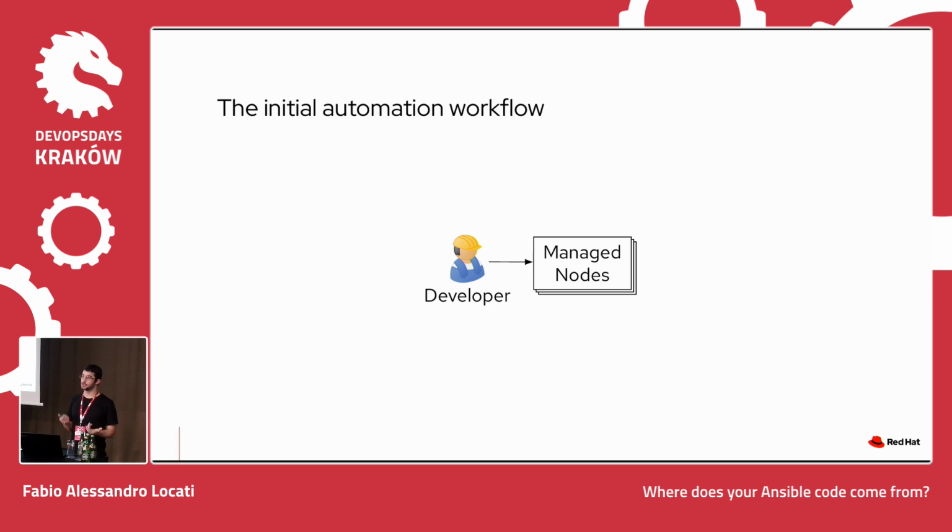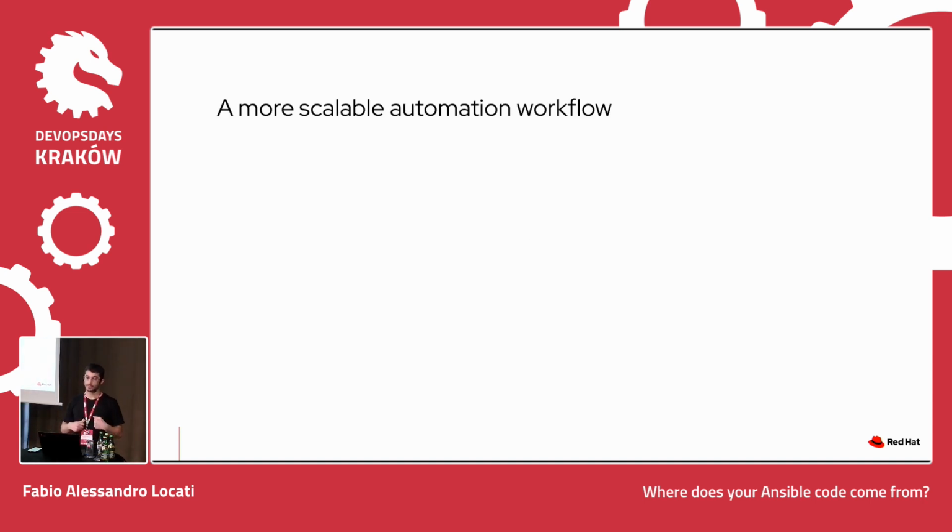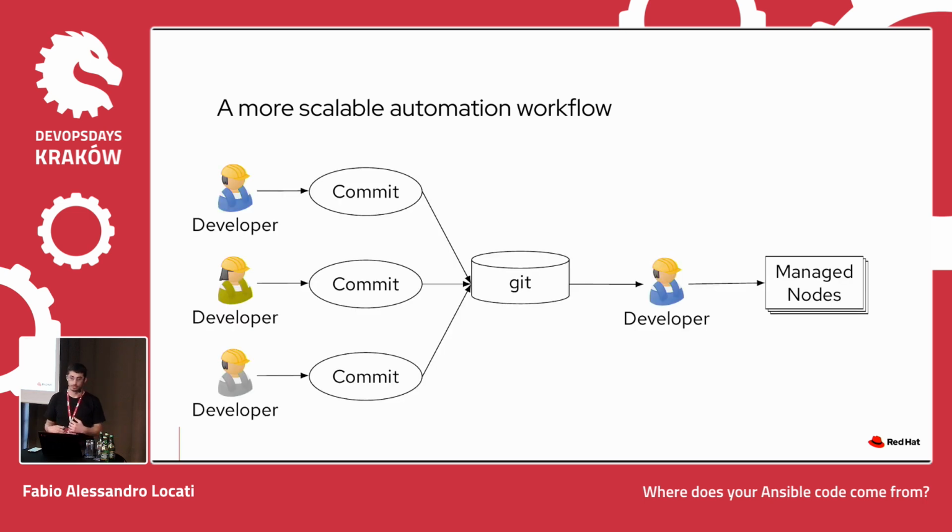Now, the reality, though, is that once that developer proves that this method actually works and works better than what they used to do, their team usually starts to adopt it. So what you have is a slightly more complex situation where we have multiple developers, maybe people within the same team.